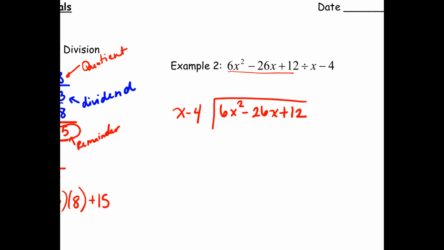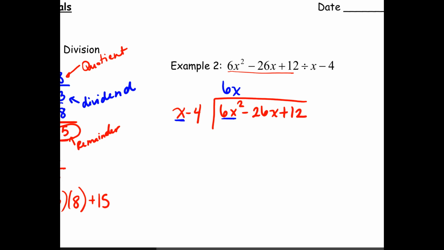So in the same way that you did the previous long division, you're looking at the number on the outside and seeing how many times does it go into the number inside. Because we have multiple terms, we're just looking at the first term on the outside and the first term on the inside. And you're asking what times x would give me a 6x squared? What would be the answer? 6x, so we put it on top.